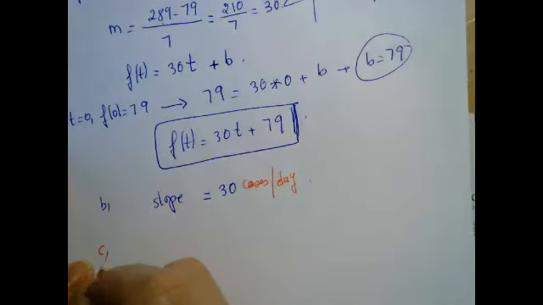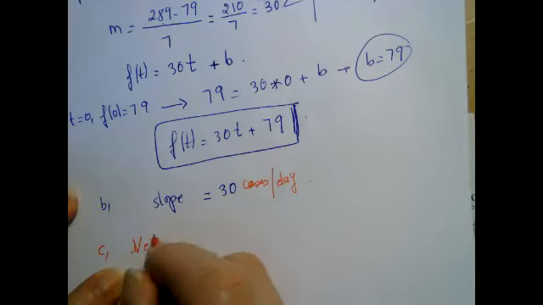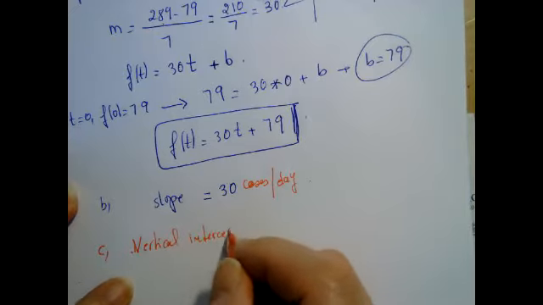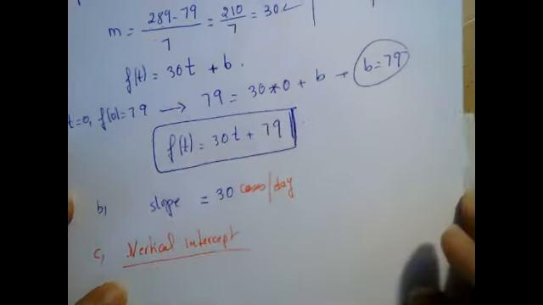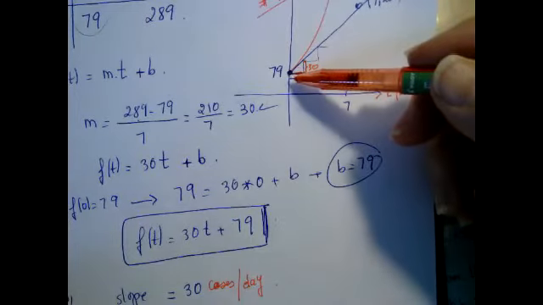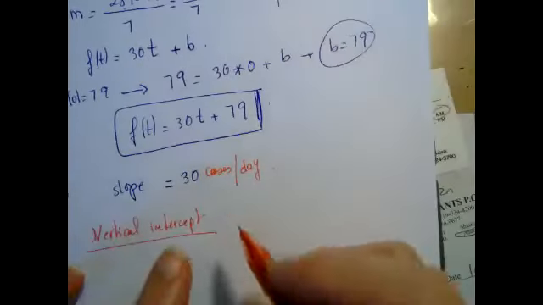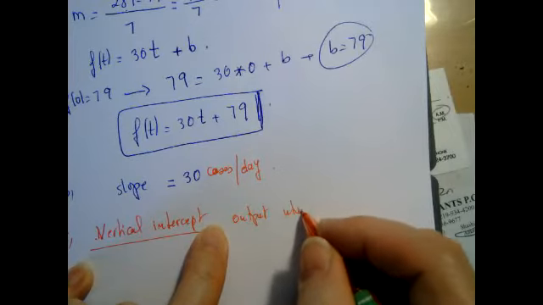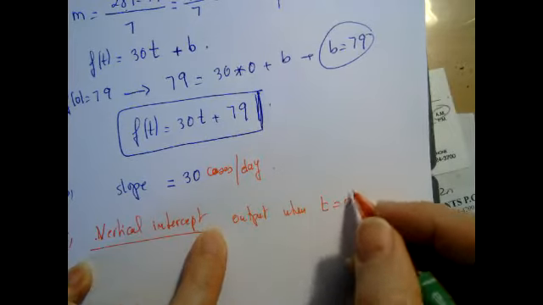C was to identify the intercept, the vertical intercept, basically. The vertical intercept means what happens at t equal to 0. The vertical intercept is the output when t is equal to 0.